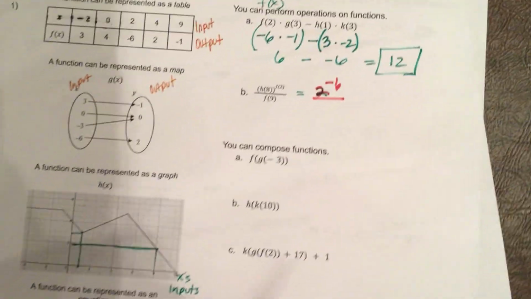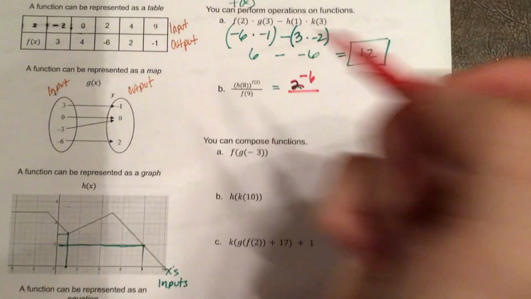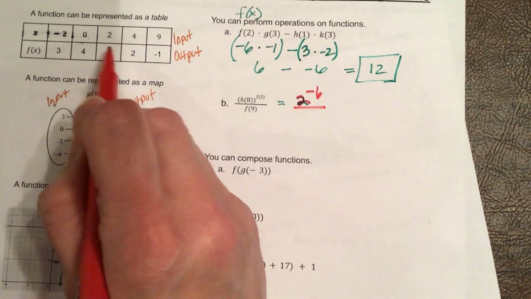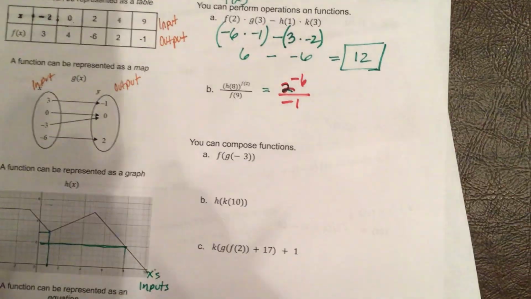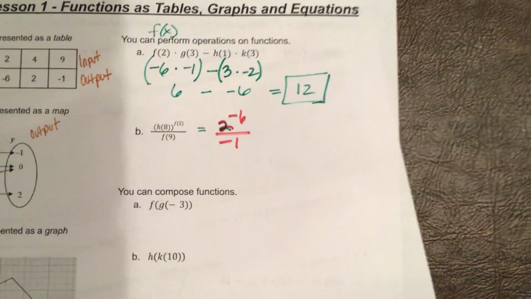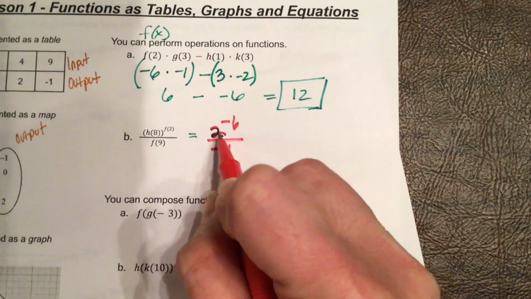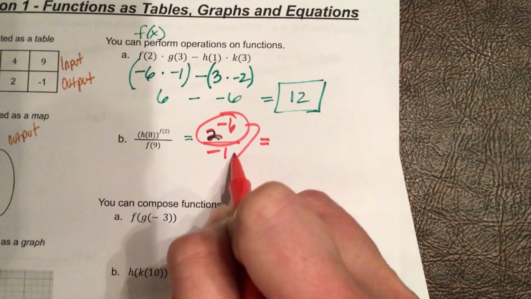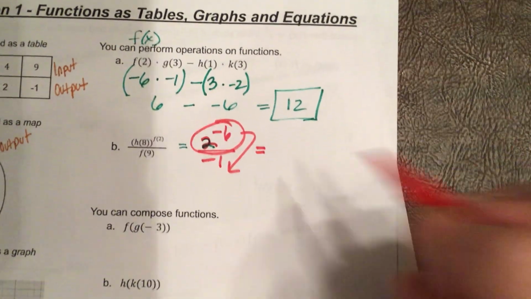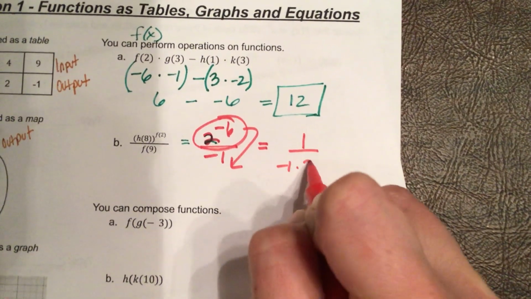Over f of 9. So f of 9 means on the f of x equation, my input is 9, my output would be -1. Now let's remember a little bit about exponent properties. When I have 2 to the -6, we can rewrite that as a positive exponent by taking the reciprocal, or in other words, bumping it to the bottom.